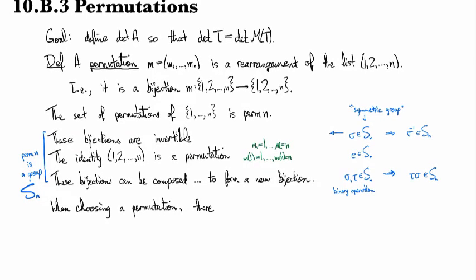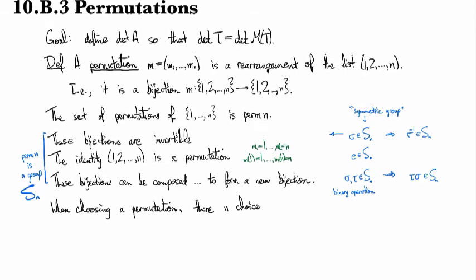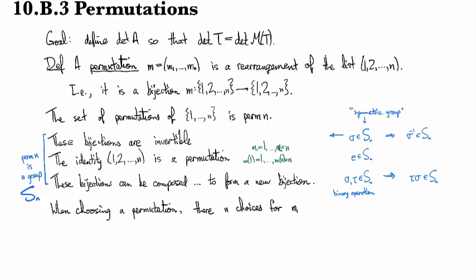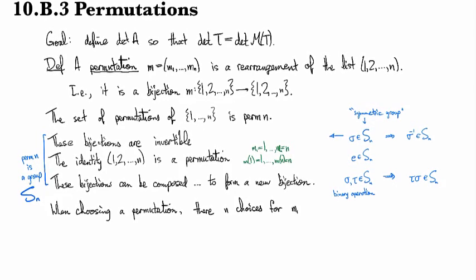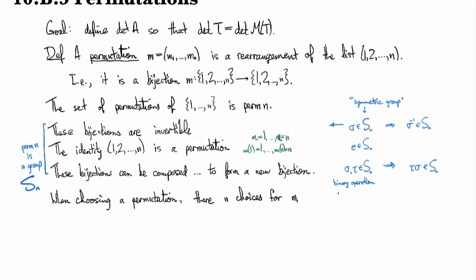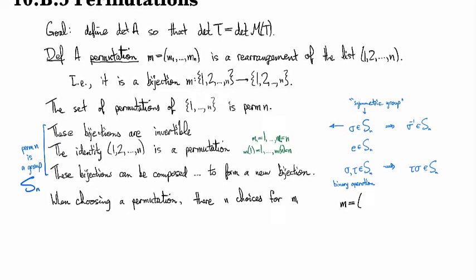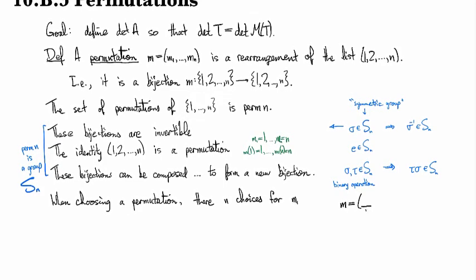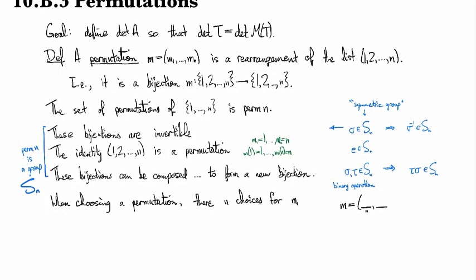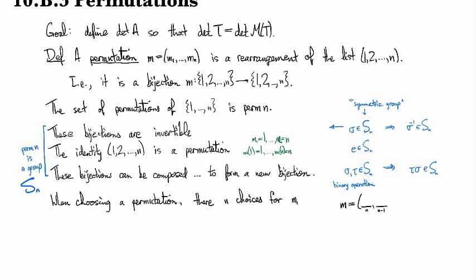If we've got n elements to choose from, then there's n choices for our first element. So here's our permutation. So we say, okay, what do we put here? Well, there's n possible different things that it could be. Then what do we put in the second slot? Well, we've already used one thing, so now there are only n minus 1 choices left.